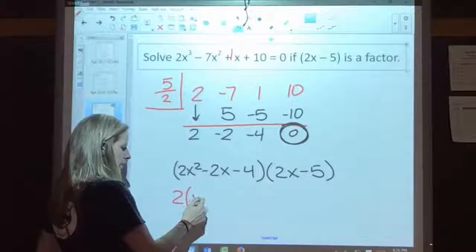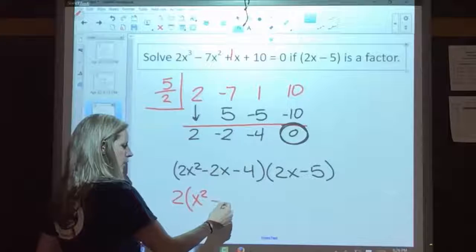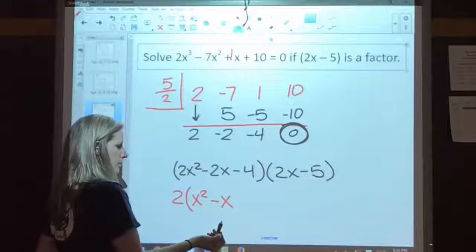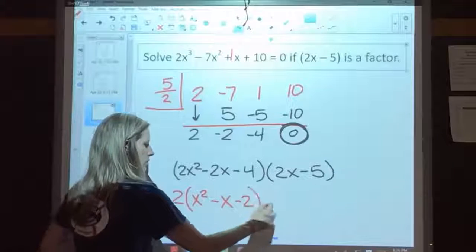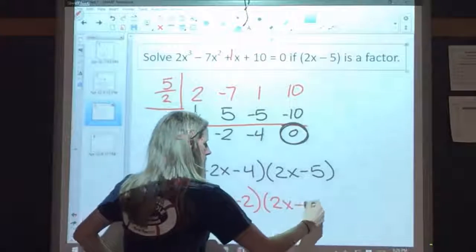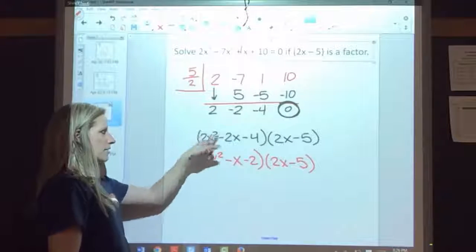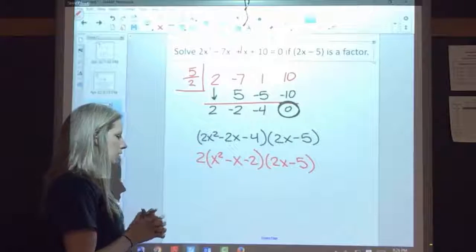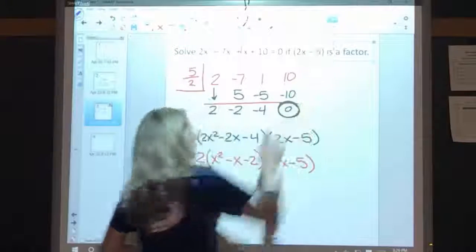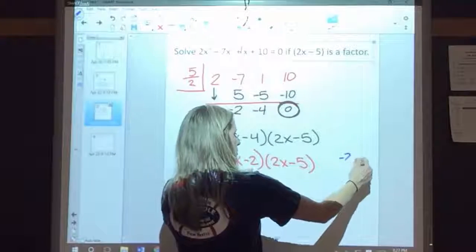Okay, so I'm left with x squared. Negative 2 divided by 2 is negative 1, so negative x. Negative 4 divided by 2 is negative 2. So just make sure if you take out a greatest common factor, you're dividing every single term by that number. All right, so now we can factor it. What are the factors of negative 2?